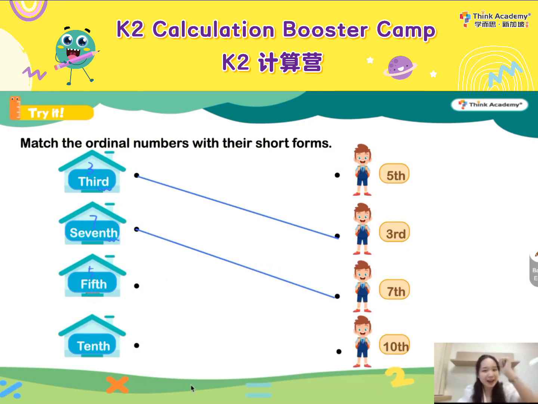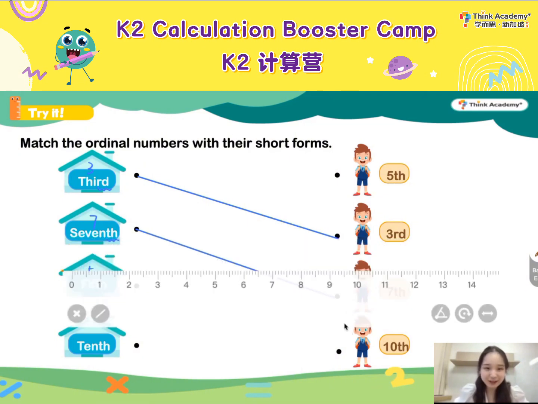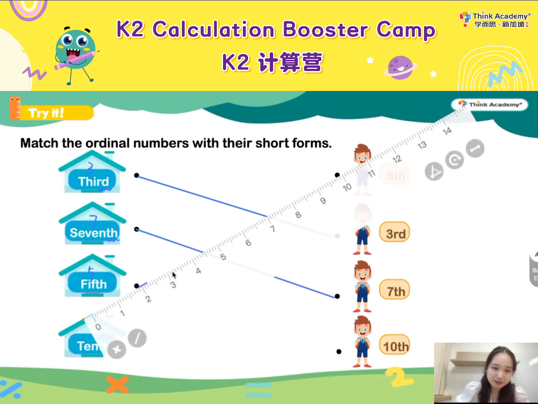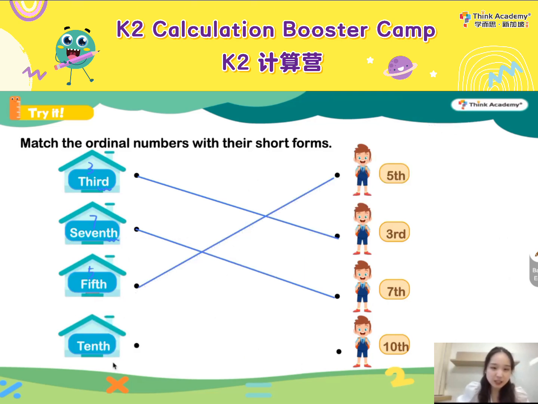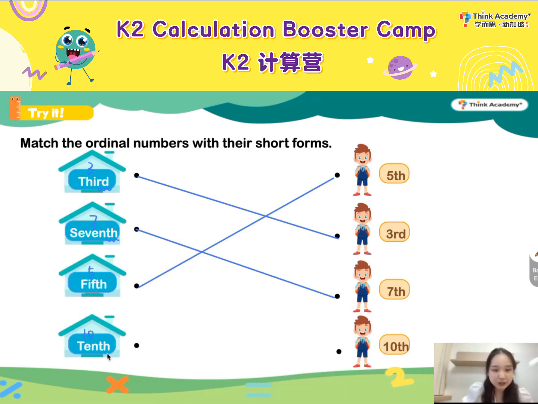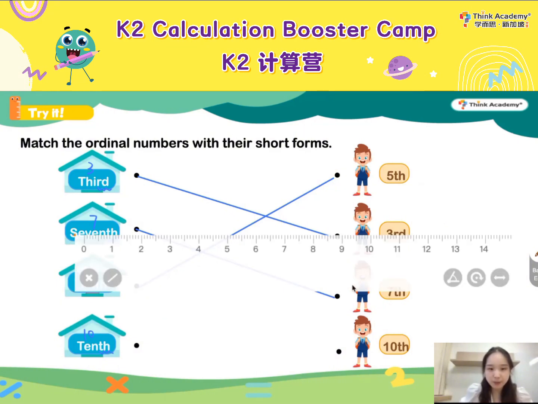What about the little tail? Still TH, right? So it's the 5TH. Which one? Top boy. So we match them together. And the last one, tenth. So 10, which number? Just write it on your paper. Yes, it's 10. Little tail, TH. So it's matched with the bottom boy.